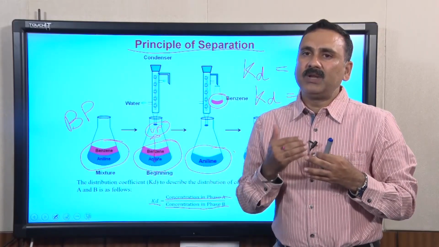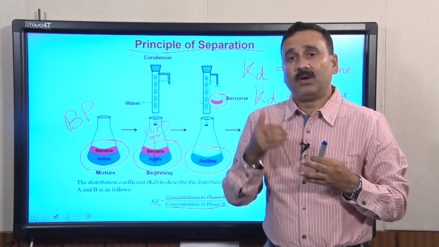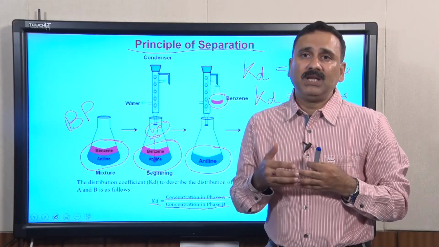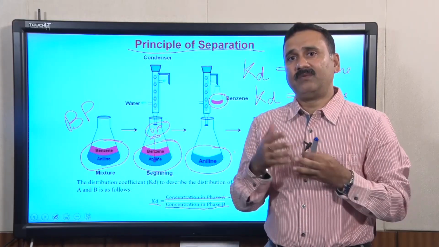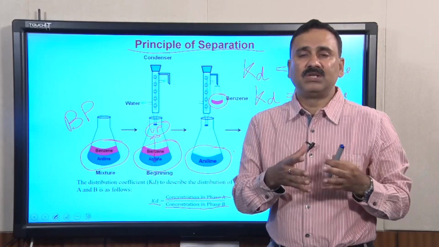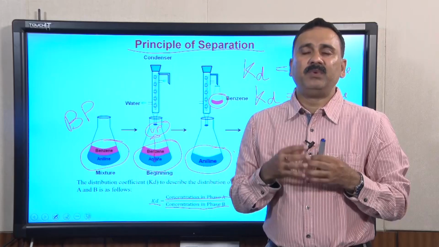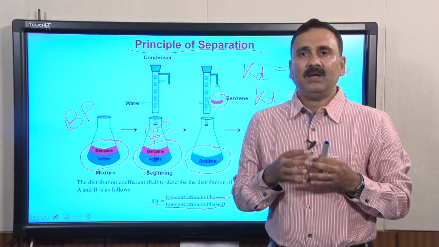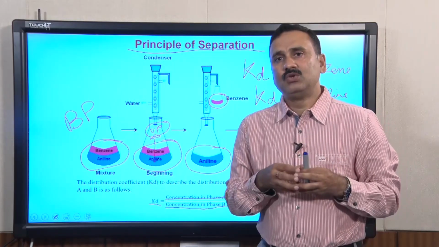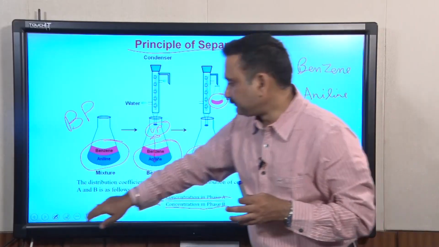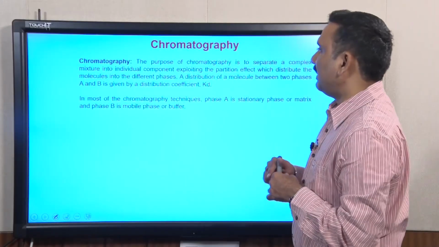Proteins, or molecules of biological nature, require activity and 3-dimensional structure, so those molecules have to be purified with more sophisticated techniques, and that technique is known as chromatography.